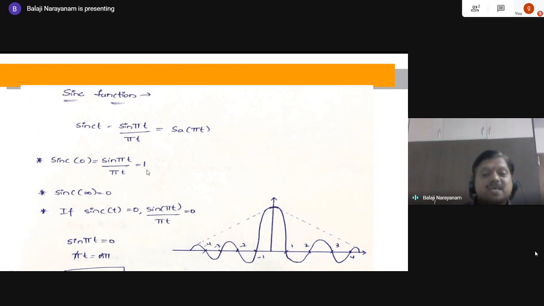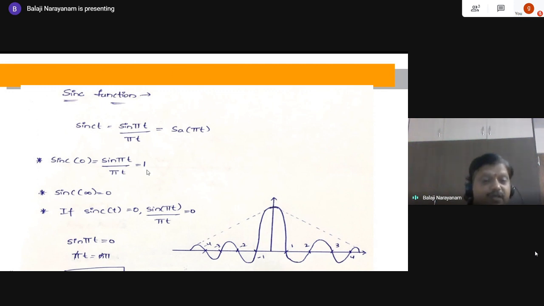Now, how do you say this value as 1? You thoroughly know sine theta by theta is equal to 1 for all smaller values of theta. That is the property that we are using, and hence one may easily say sinc of 0 is 1.